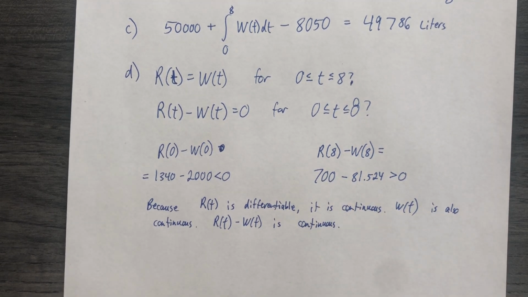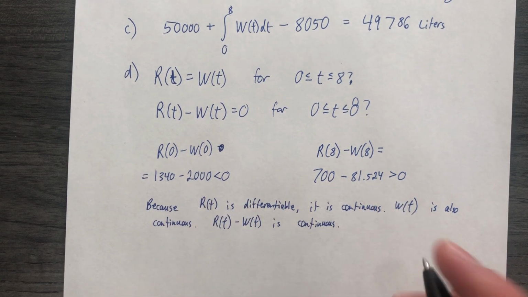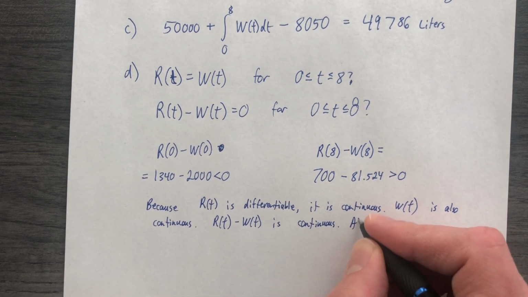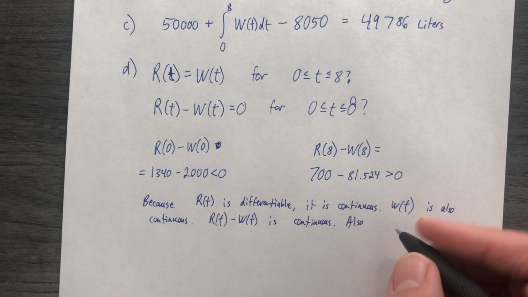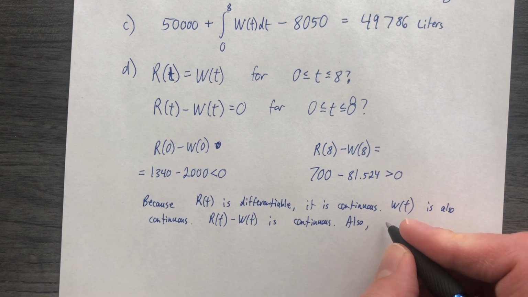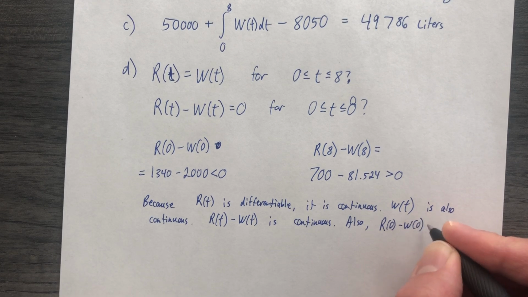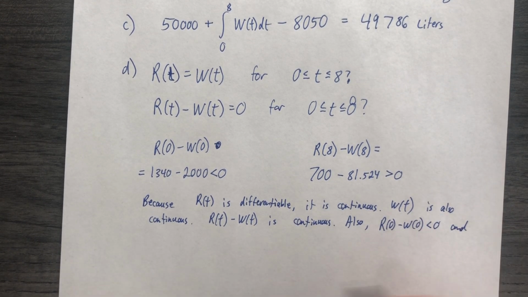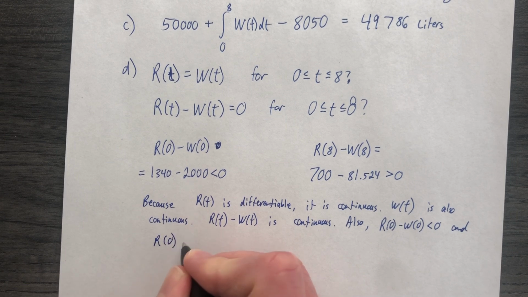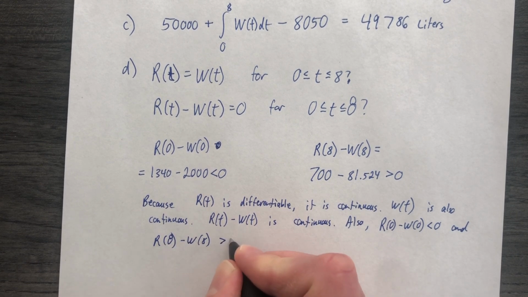All right, let's talk about some other stuff. We have continuity. We have betweenness. Also, R of 0 minus W of 0 is negative, and R of 8 minus W of 8 is positive.